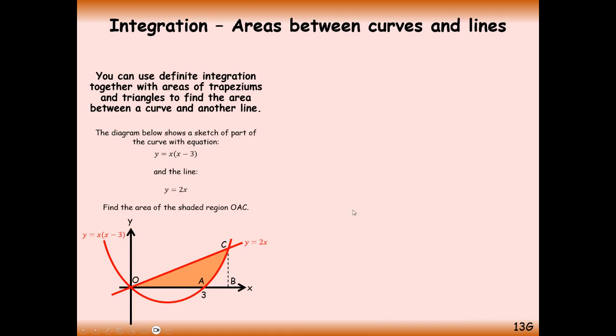So in this next example, once again we are finding the area bounded by the x-axis and under the curve 2x and this area here. So what are we going to do now?